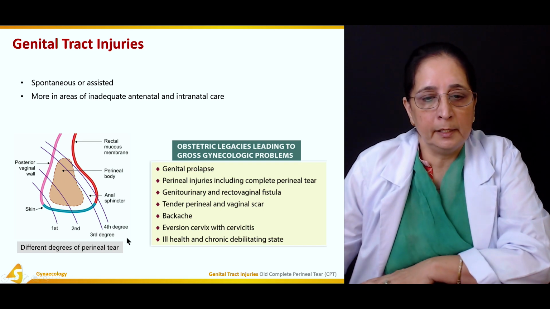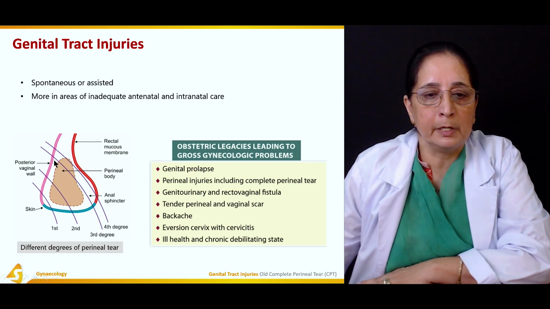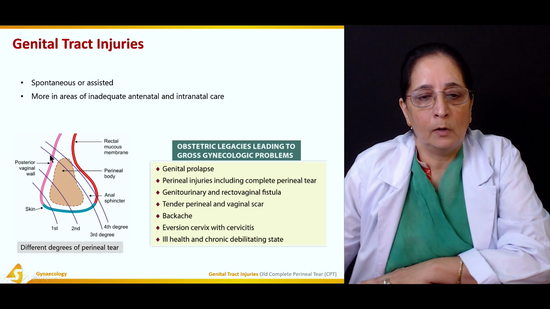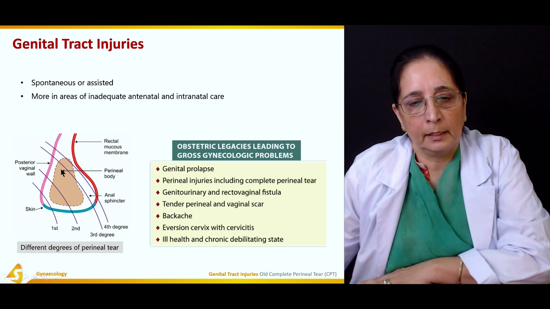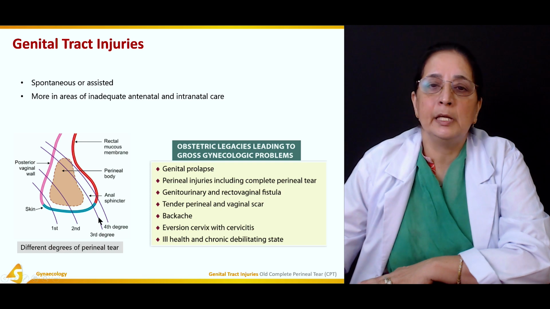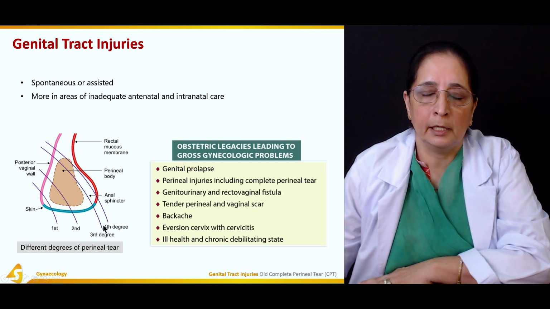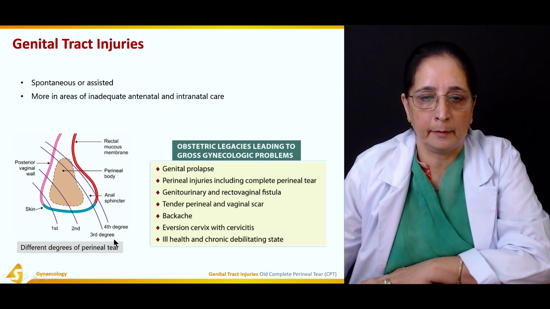But the third degree is a deep cut that involves the perineum and the muscle, and for this type of perineal tear, usually suturing or repair is recommended.